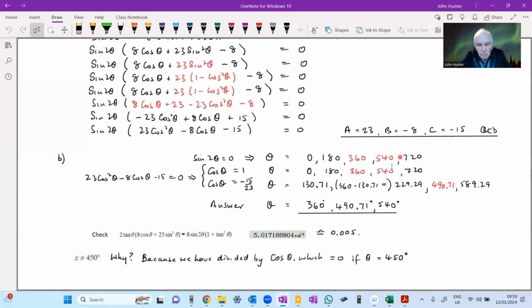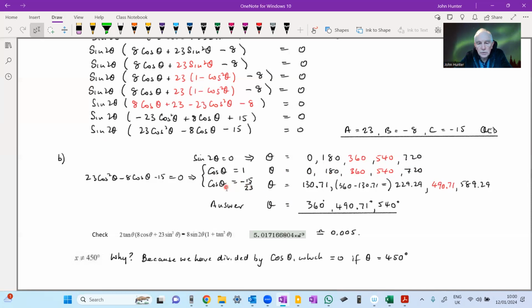These others are not in our range. And this quadratic expression could be equal to 0, in which case the solutions are cos theta equals 1 or cos theta equals -15/23. Now if cos theta is 1, again we've got all these solutions here, and we're only interested in these two.